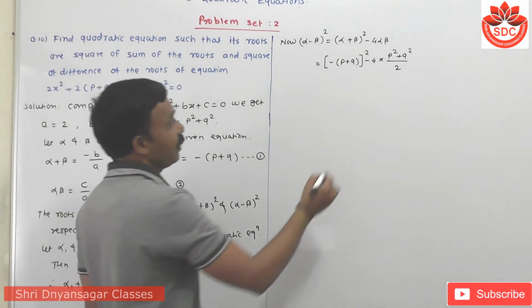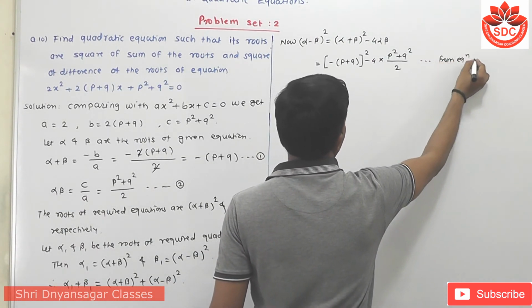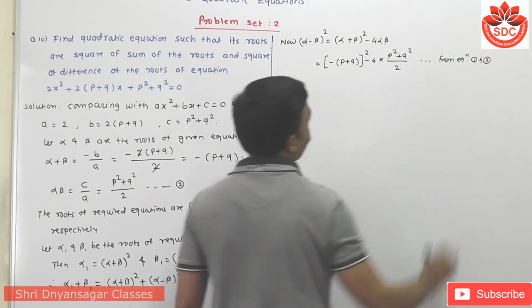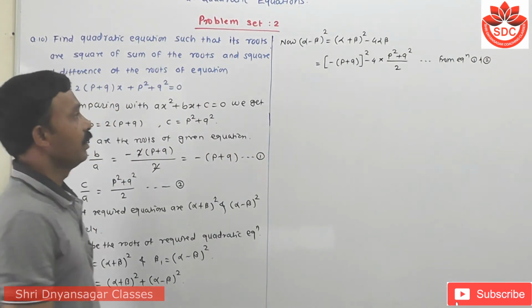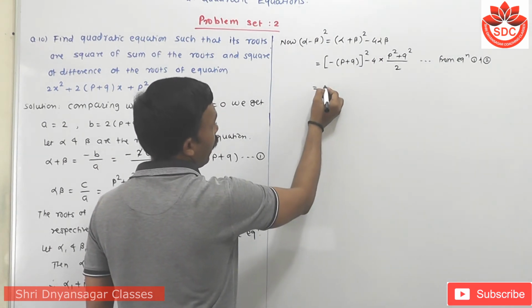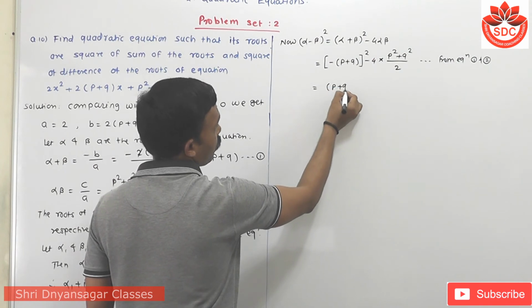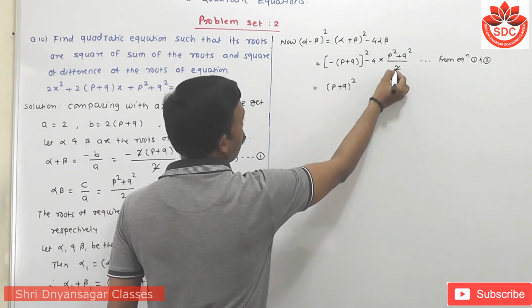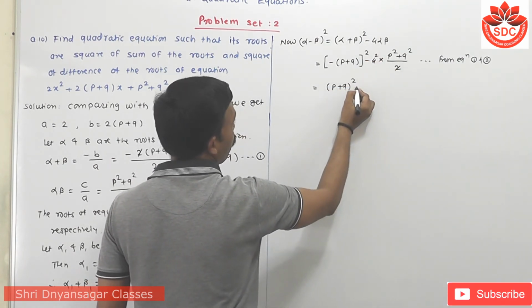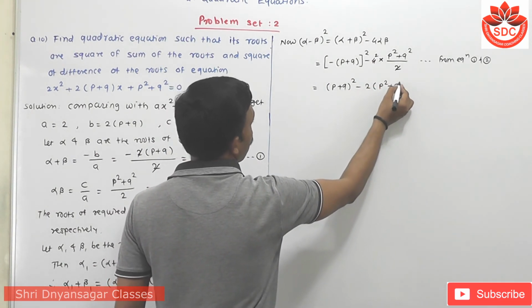Here we write the reason from equation first and second. Student, the square of this bracket: minus times minus is plus, so here is p plus q bracket square. This we simplify by 2, so minus, I directly take p square plus q square.